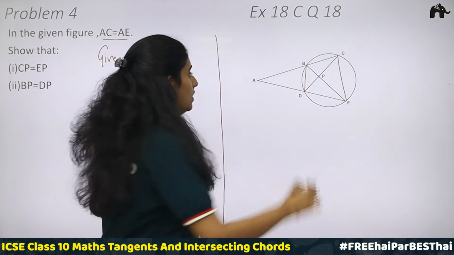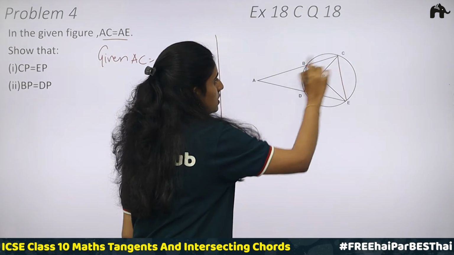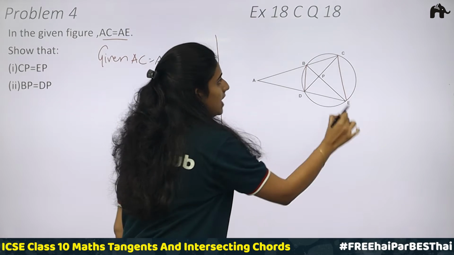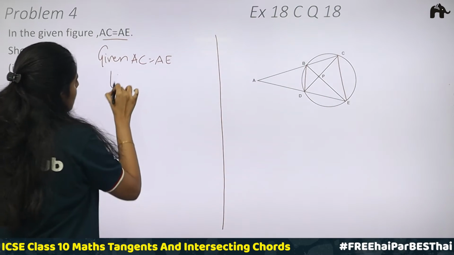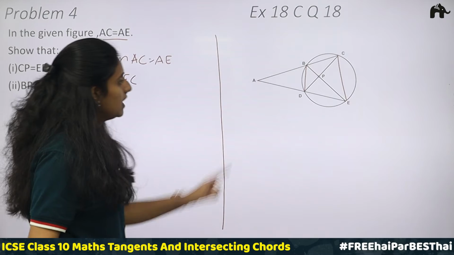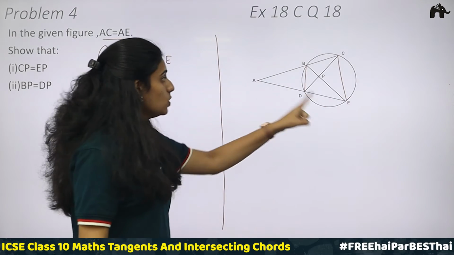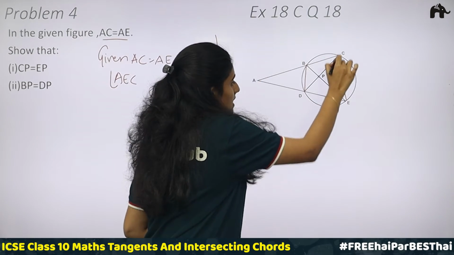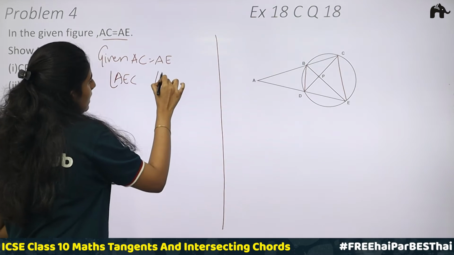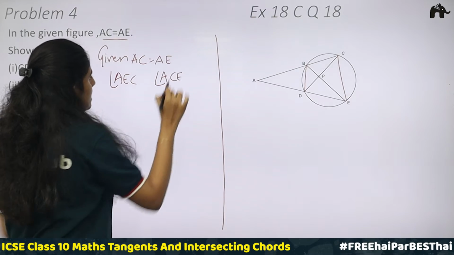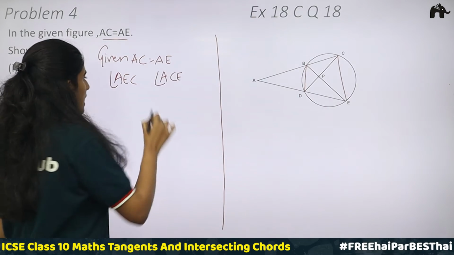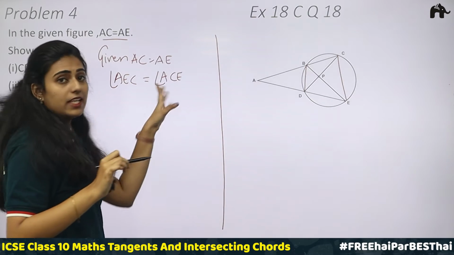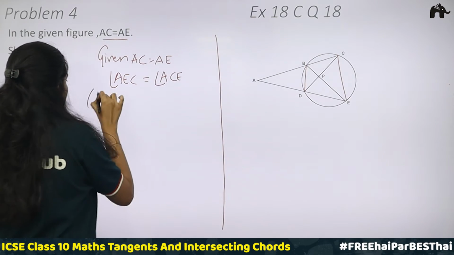When you take side AC, opposite to AC we have angle AEC. Similarly, when you take AE, opposite to AE we have angle ACE. Since AC is equal to AE, angle AEC will be equal to angle ACE.